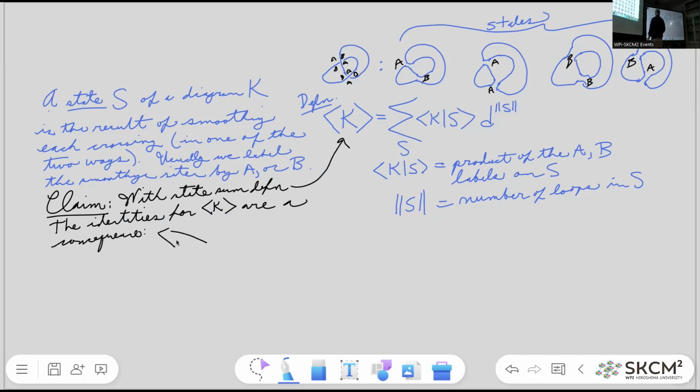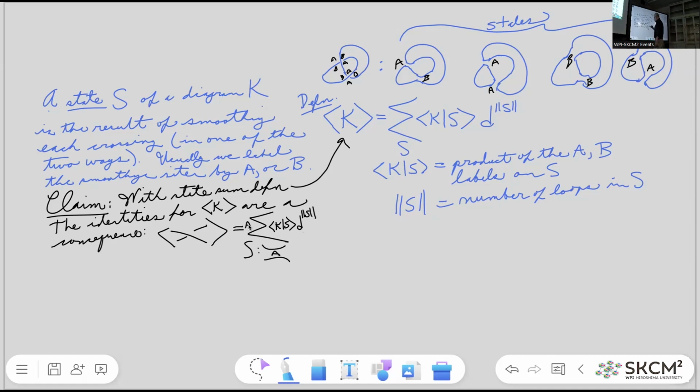I'm looking at a diagram and I have a crossing like this. So this is going to be equal to the sum over states where this crossing is smoothed this way with an A label, multiplied by an A, because the A label, I have to keep track of it and I just pull it out.